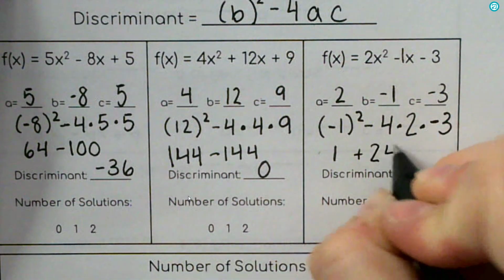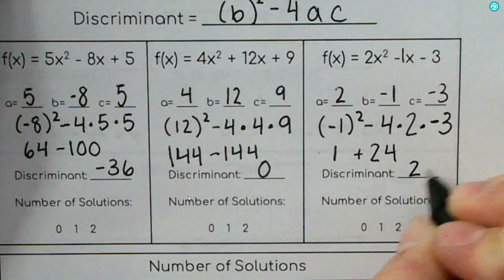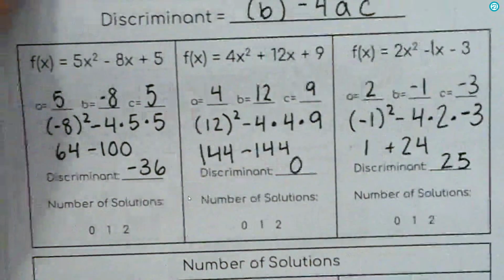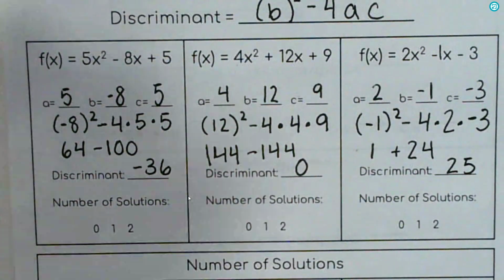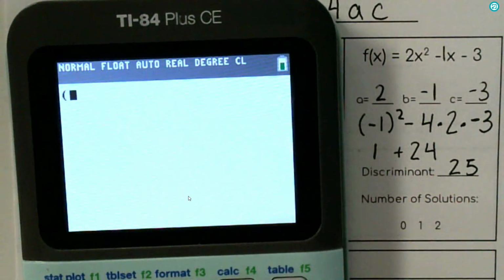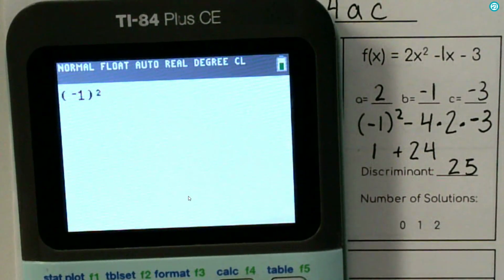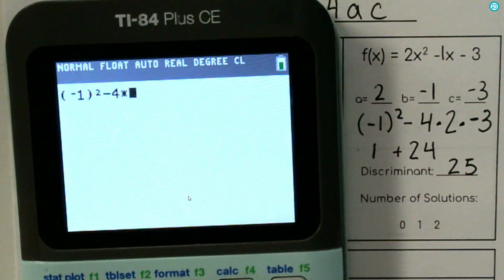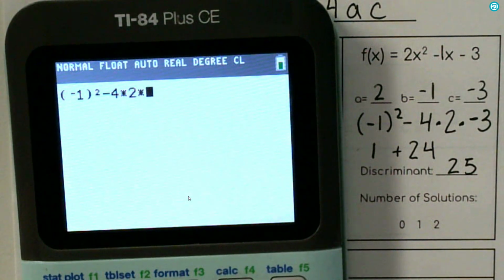So I get 1 plus 24, which is 25. If all of those negatives and all of that multiplication stress you out, you can do it on your calculator: negative 1 squared minus 4 times 2 times negative 3. I get 25.